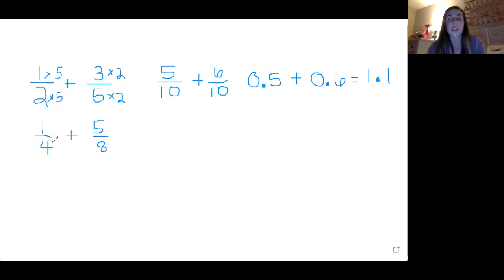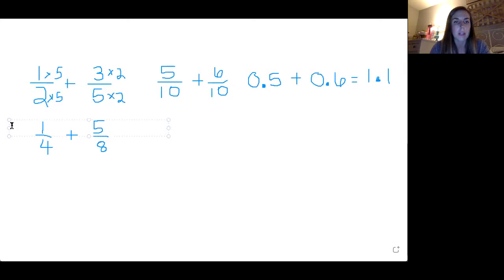What you're going to do when you turn a fraction to a decimal is just divide the top by the bottom using long division. The number on the bottom is always going to go outside your bracket, and the number on the top will always go inside your bracket. Let's write a little note there.